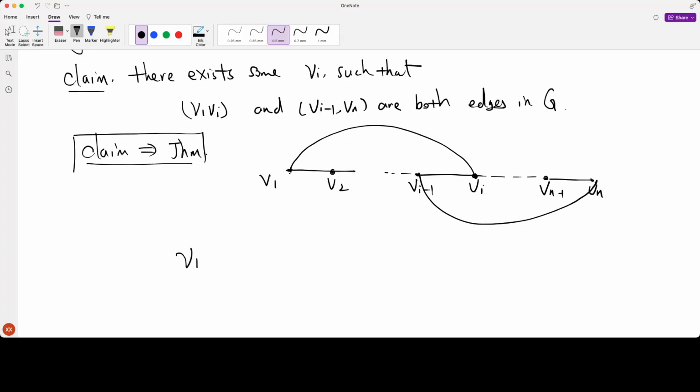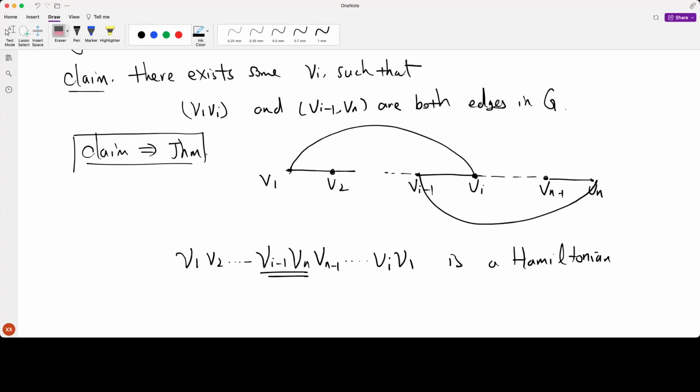So let me write v1, v2, etc. until vi minus 1, and then you move here directly to vn because this is an edge, and then you move backward, so then vn minus 1 until vi. But v1 is an edge, and you come back. So this is a Hamiltonian cycle. Okay?